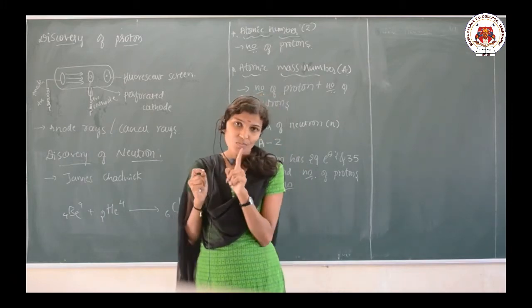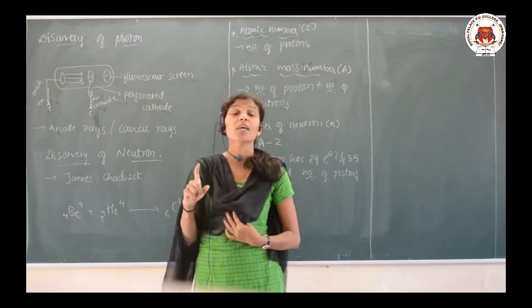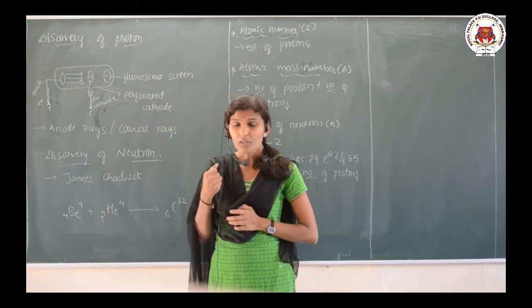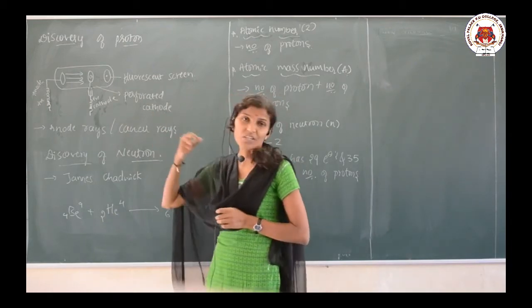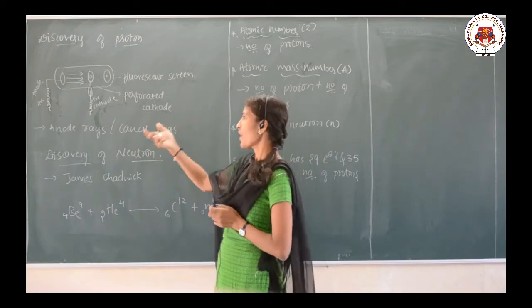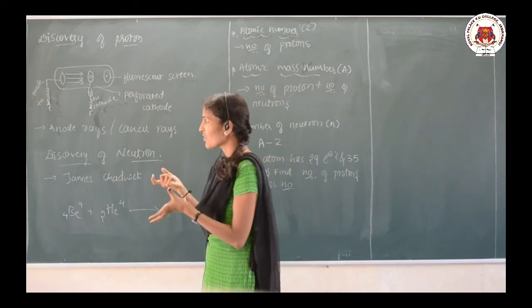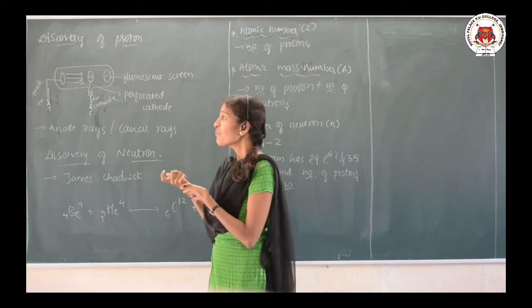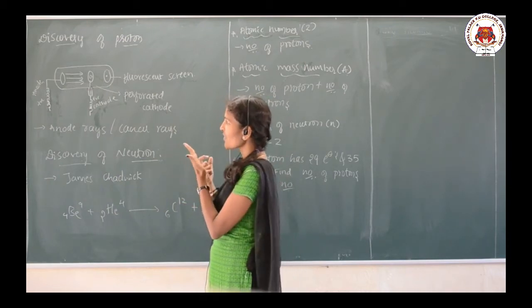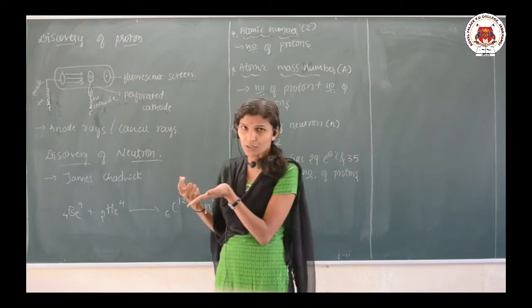And in today's class we want to discuss the discovery of the proton. A little modification is done in the discharge tube. They took the perforated cathode, and again when the electricity is passed, certain rays move from anode to cathode.